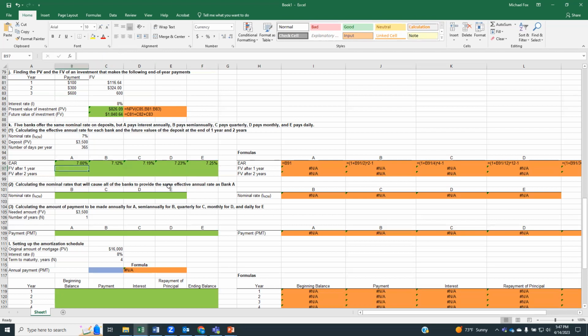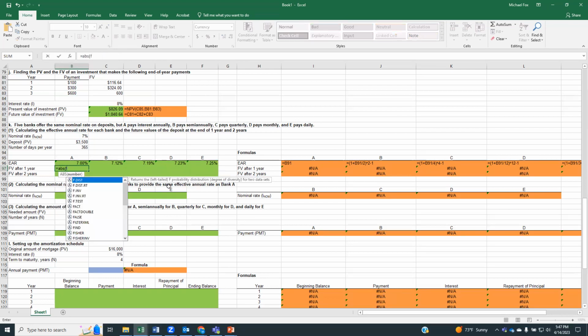All right. So our future value after 1 year. Okay. So if I say this equals absolute value of the future value of rate, 7%, number of periods, for when it's just 1 year, it's just 1.